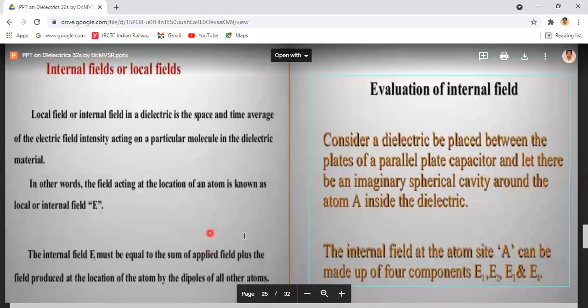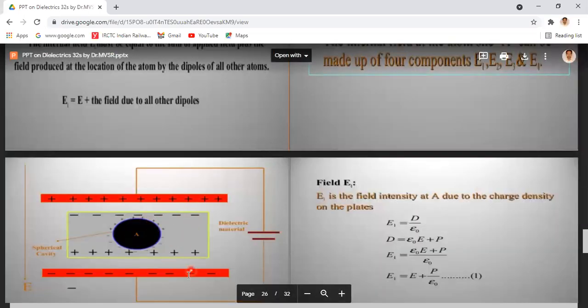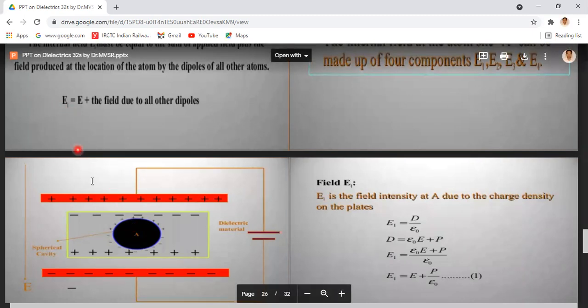Now consider a dielectric placed between the plates of the capacitor, and let there be an imaginary spherical cavity around the atom inside the dielectric material. Consider an atom on which a number of electric fields are acting. So the total electric field acting on the atom inside the dielectric material is known as the local field or internal field.